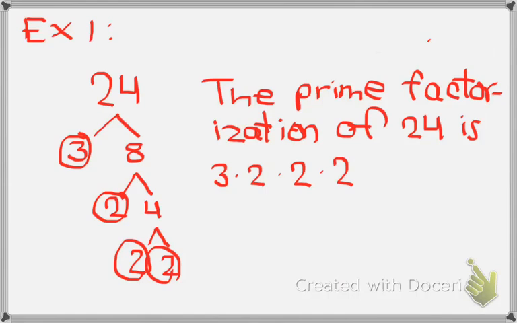Circle those two prime numbers. Next, you have to find all the prime numbers, and that is 3 times 2 times 2 times 2.